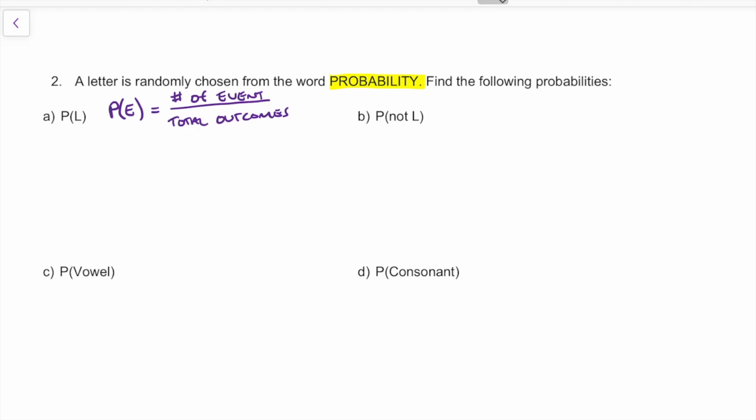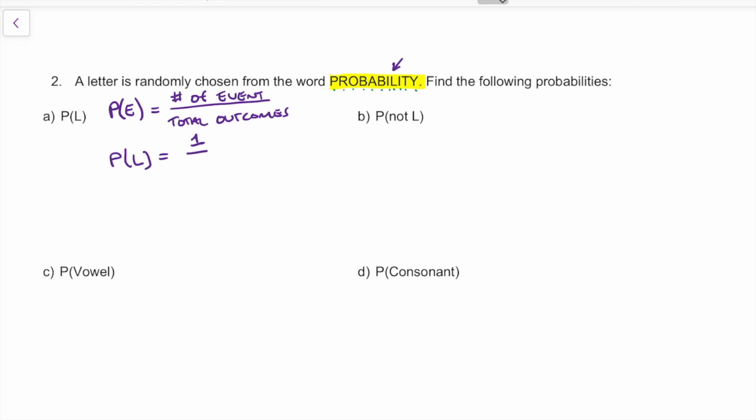So P of E, the probability of the event, becomes the probability of an L. The number of times L happens in the word probability, well, there's only the one. So it's 1 out of how many letters there are in probability. Let's count them. 1, 2, 3, 4, 5, 6, 7, 8, 9, 10, 11. There are 11 letters in the word probability.